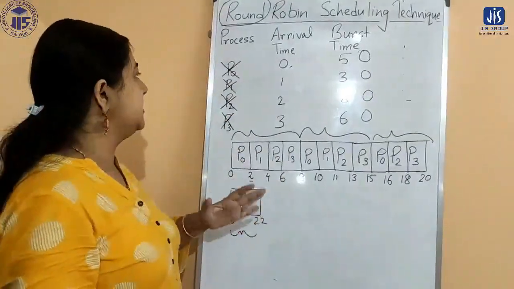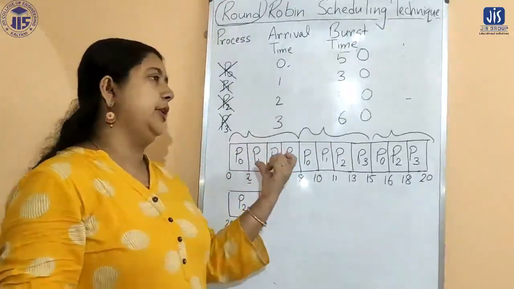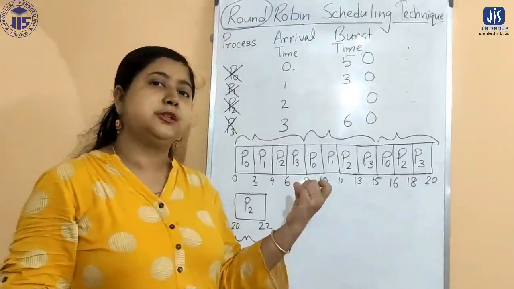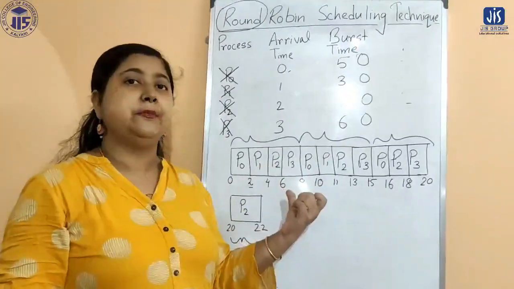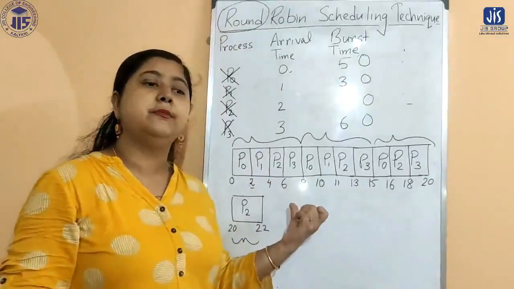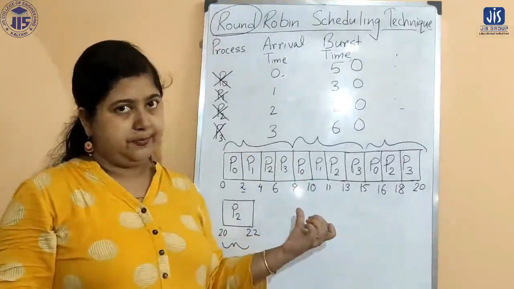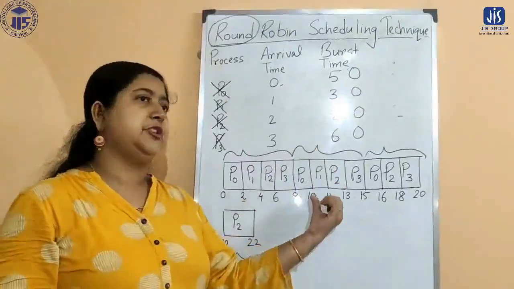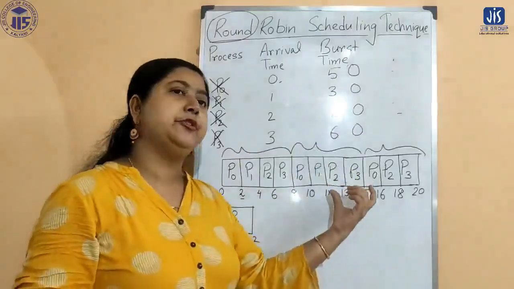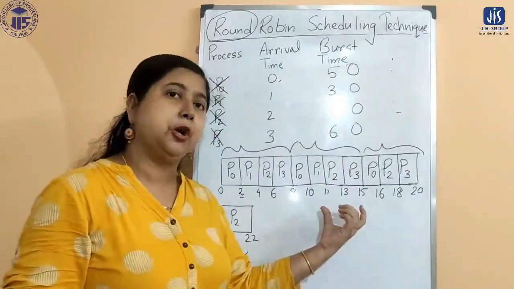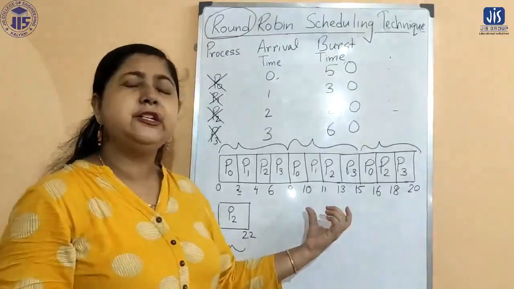For a particular round, we allocate the processor to the processes according to arrival time, on a first come first serve basis. When one round is complete, we check the remaining time, and then again we allocate the processor to the remaining processes according to arrival time.